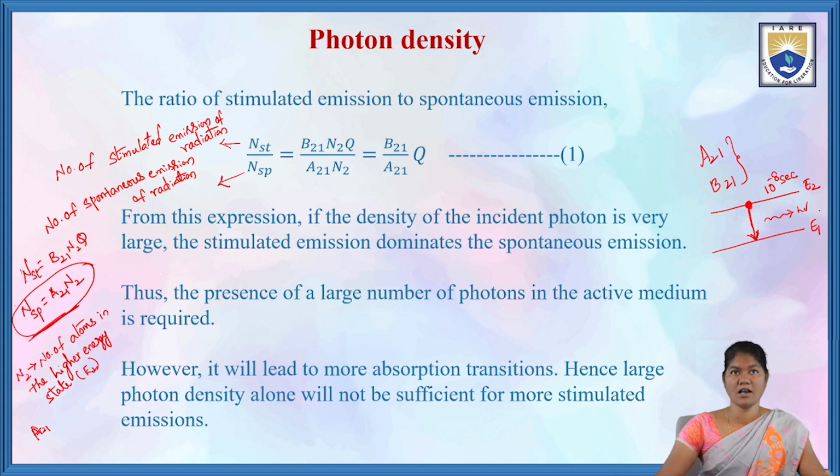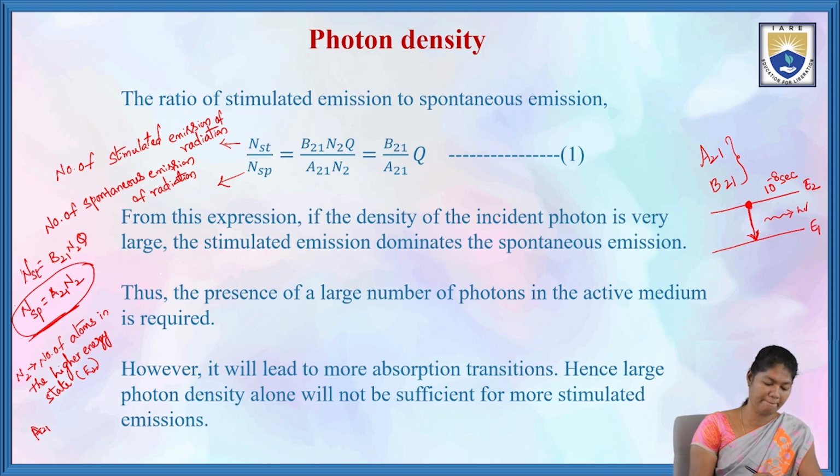A21 is the Einstein coefficient for spontaneous emission of radiation.